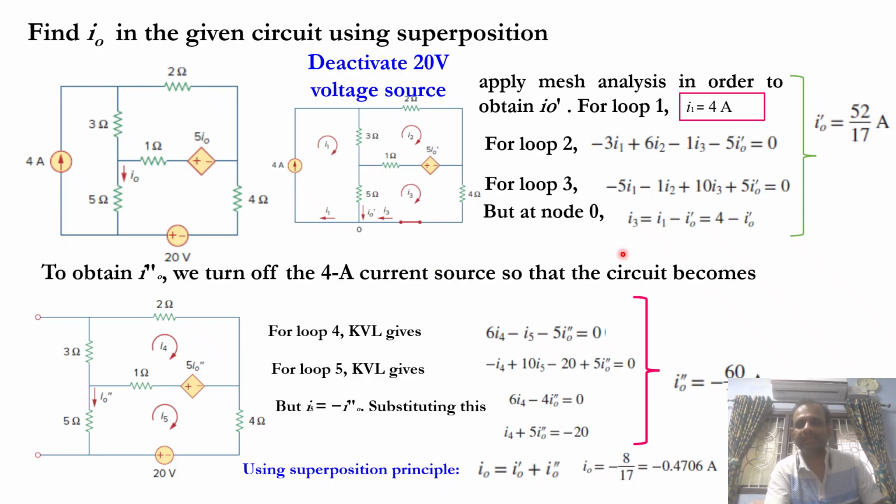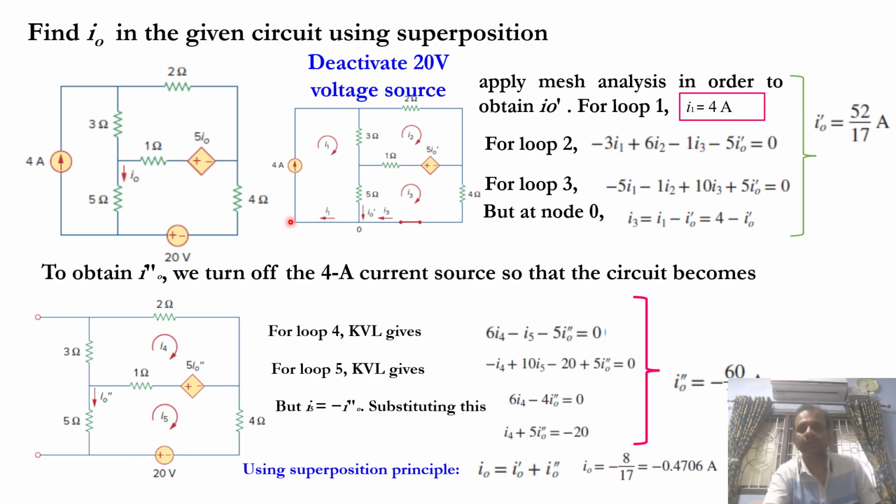But at node 0, you can apply KCL, because at the node you have three currents, 1, 2 and 3. Total current at the node is 0, that is Kirchhoff's current law. You can see I3 is entering the node, I0 is also entering the node, but I1 is leaving the node.